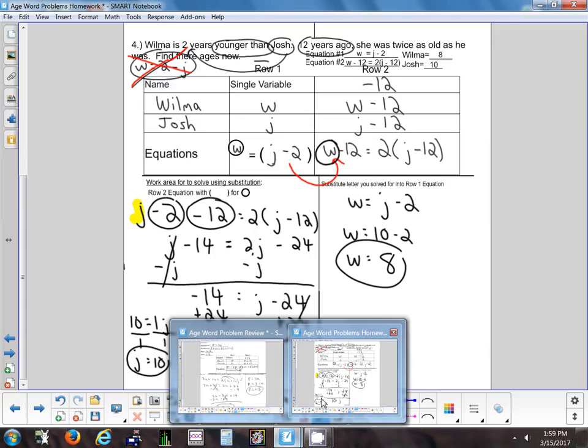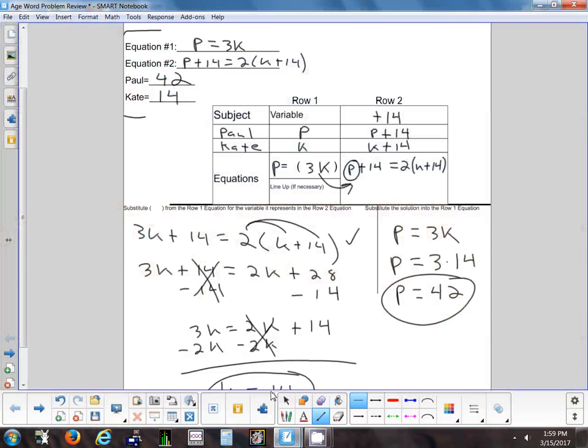I'm taking the information from equation 1. I see in this one, W circled. That's the variable I want to substitute for in the other equation. Find W in equation 2, plug it in for this. You're always going to plug in the row 1 equation to the row 2 equation. That'll never change. But the ones we've done so far, guys, a variable has always been by itself.